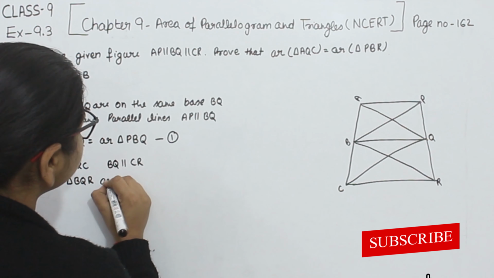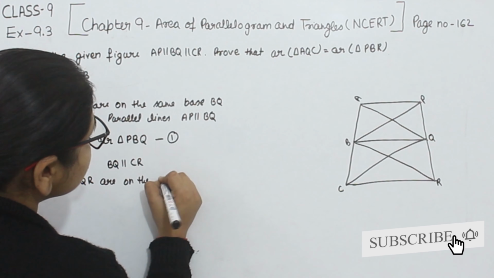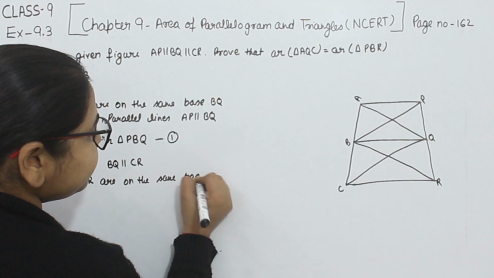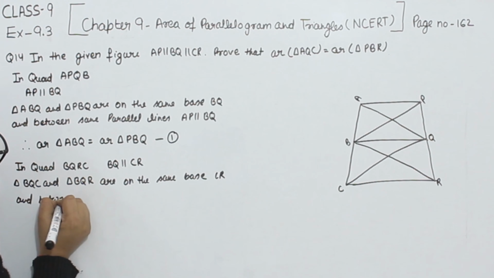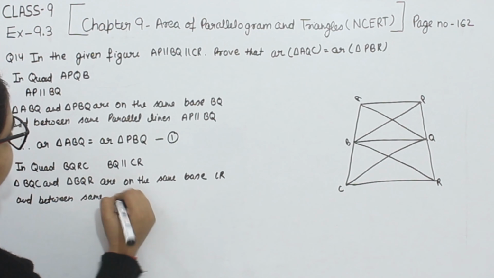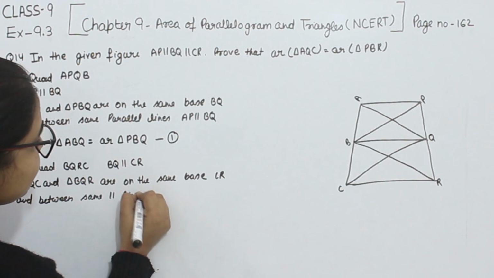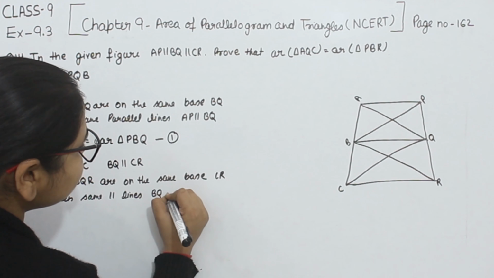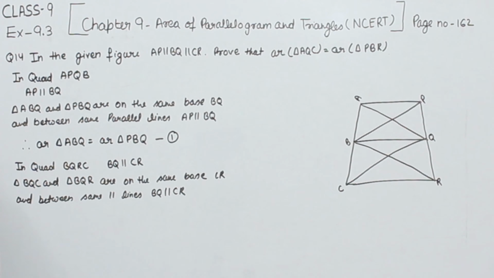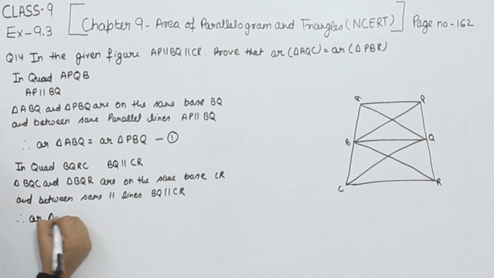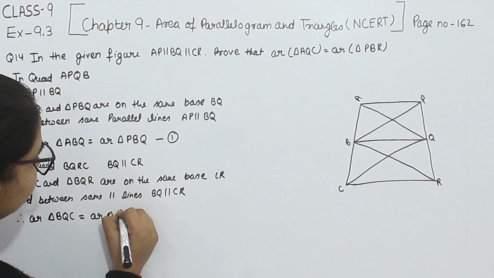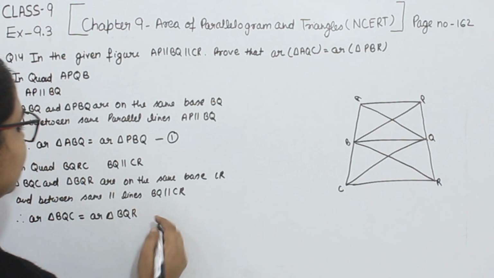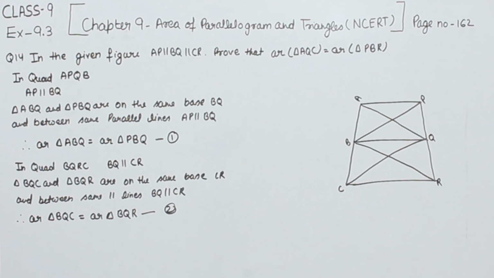Now they are on the same base CR and between the same parallel lines BQ and CR. So the area of triangle BQC is equal to the area of triangle BQR. So this is equation number 2.